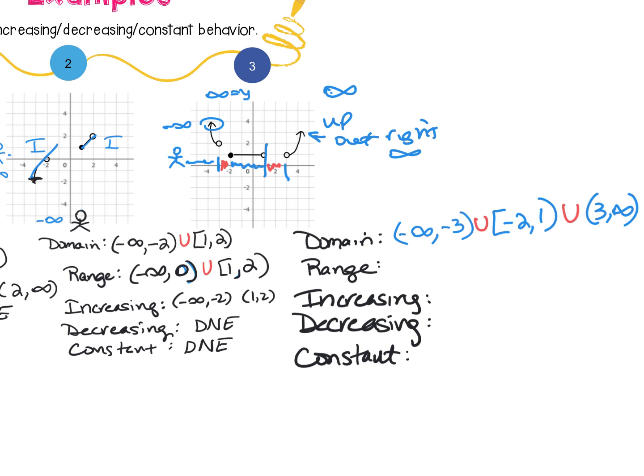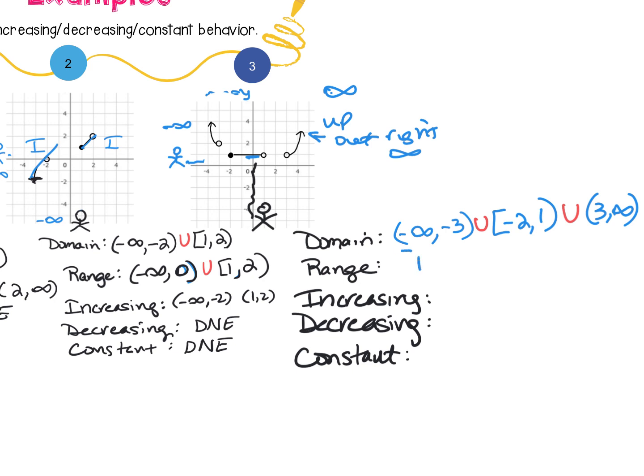For the range, I'm going to go bottom to top. So as I'm coming along here and I'm walking up, the first thing I encounter is right here at +1.